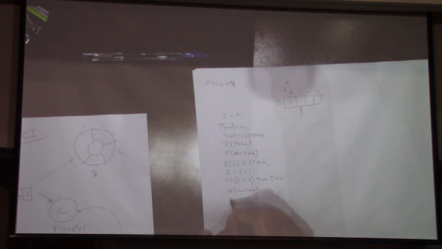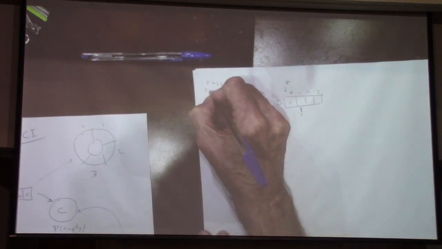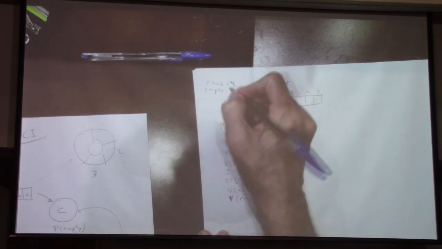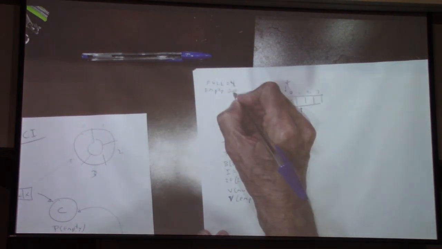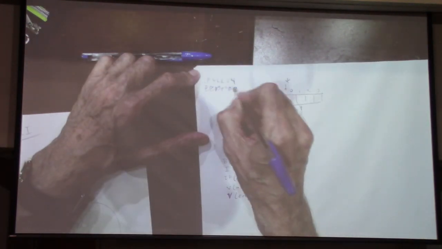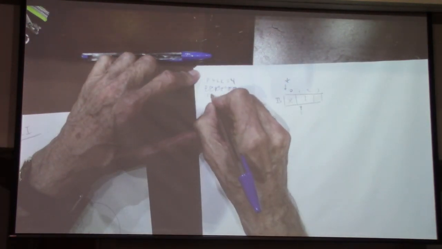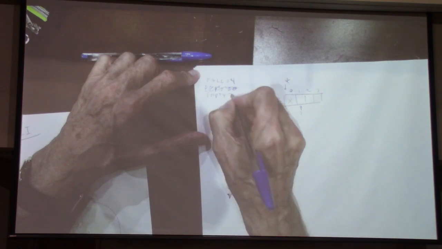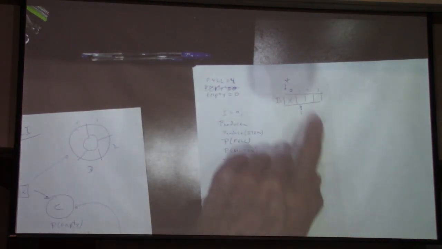After that, what do we do? We have to do a V operation on the empty semaphore. Why? Because we have a semaphore which is empty, initially 0. When empty is 0, the consumer cannot consume.